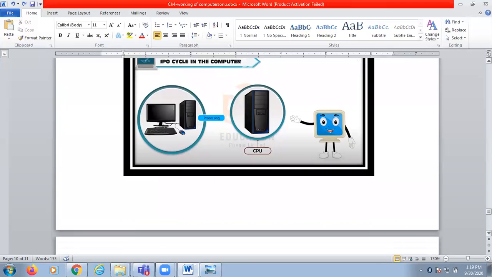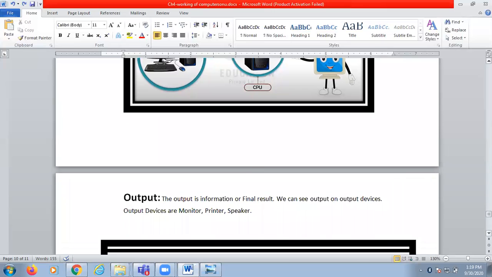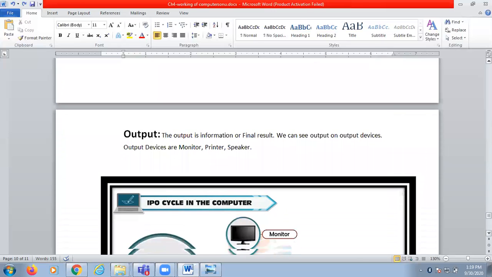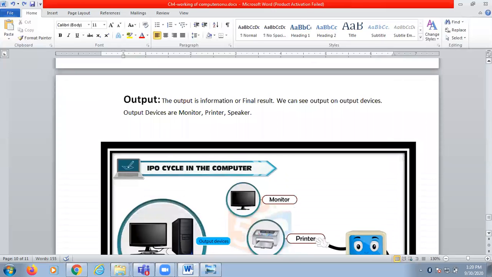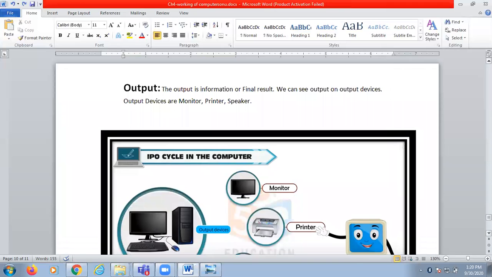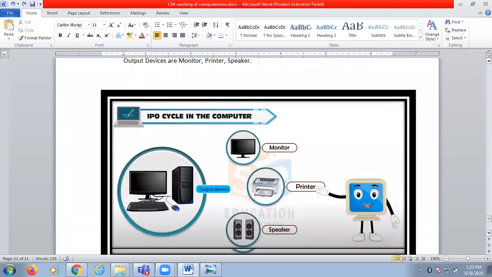And the last thing is the output. Output is the final result that we see with the help of the monitor, the printer, or the speaker. That means whatever I have written in the computer is processed and then shown to us on the monitor. Or if I want to take a printout, it can be shown with the help of the printer.